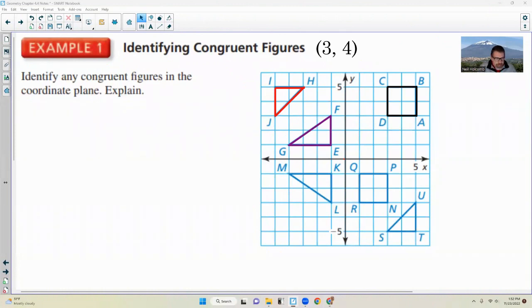Okay, so this is example 1, and it says to identify any congruent figures in the coordinate plane and explain. As you can see, I have a square here, and it is called square ABCD.